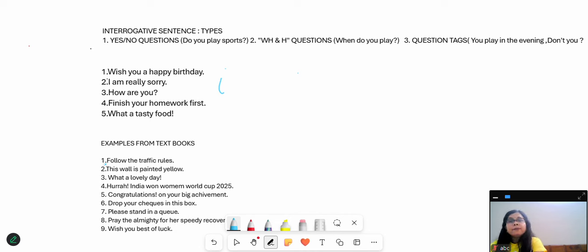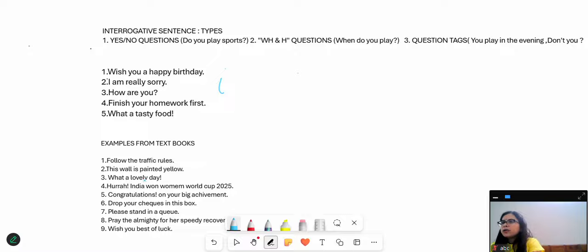So this is for your well-being. Also, this shows the instructions, and the commands fall in the category of imperative sentence. So first one is imperative sentence. The second, this wall is painted yellow. It is giving simple information, so it is a declarative sentence.